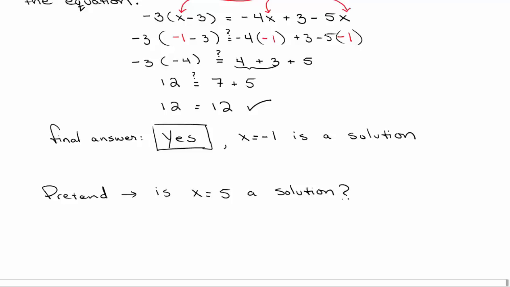If you actually work this out, and you should go through the process of working it out, you're going to see that the left side is going to equal -6 and the right side is going to equal -42. And since -6 is not equal to -42, x equal to 5 is not a solution. So this would be no. This is not a solution. But you should work that out on your own, okay?